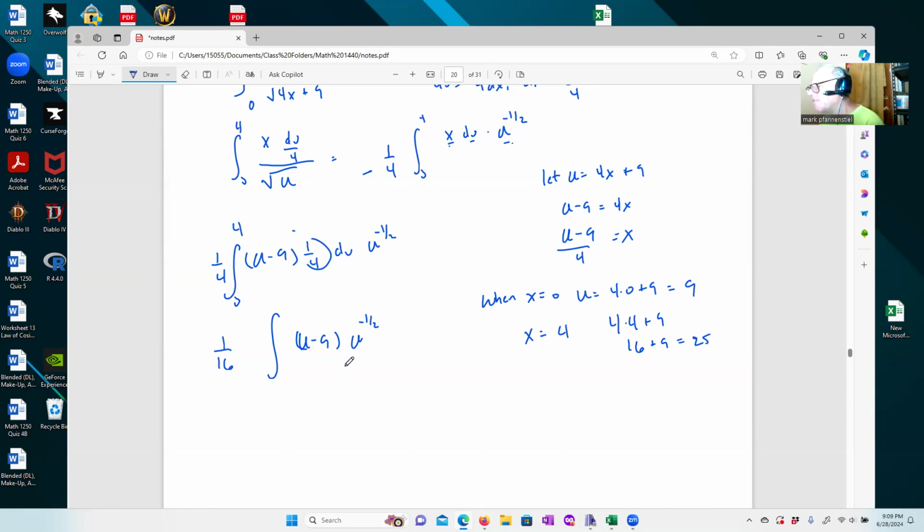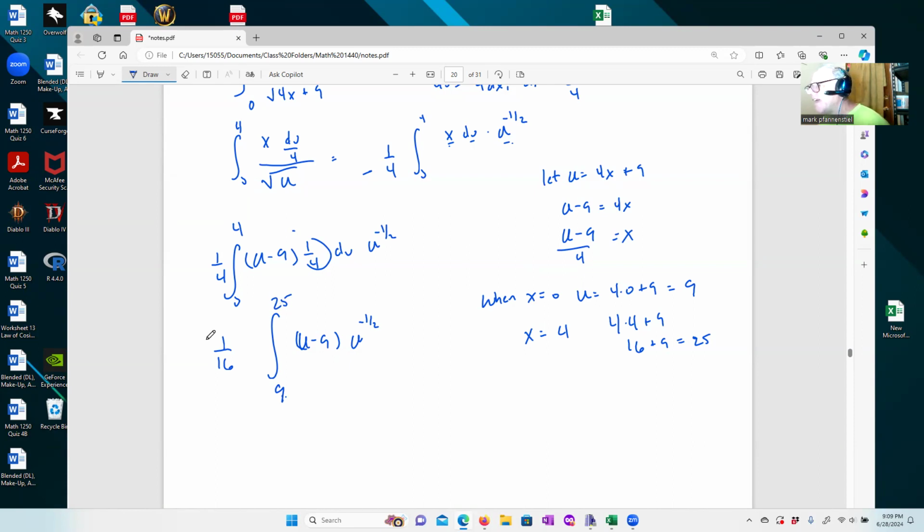Those are nice numbers. Somebody picked these out just special for us. So we end up with a 9 and a 25 here. Now we don't have to back substitute for x's. Once we're done integrating, we can just substitute in our 25 because we're in the u world rather than in the x world.